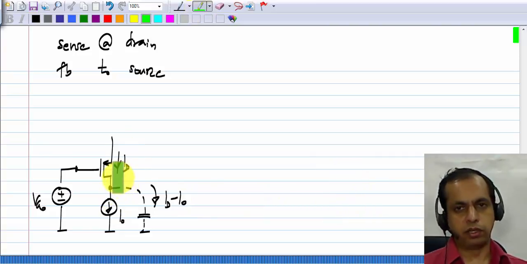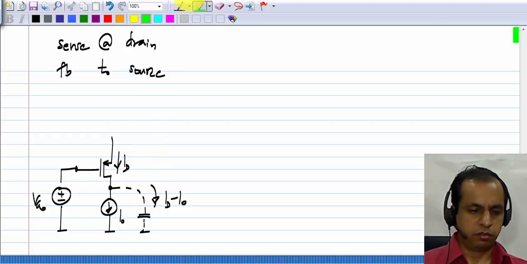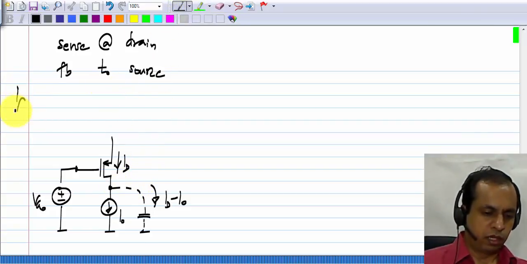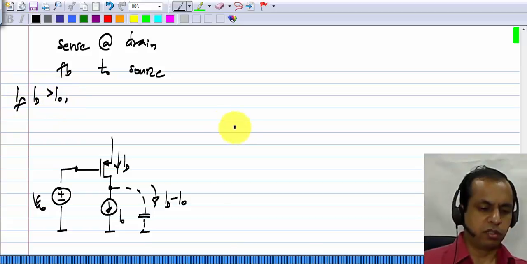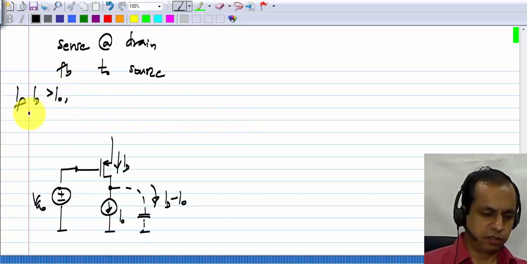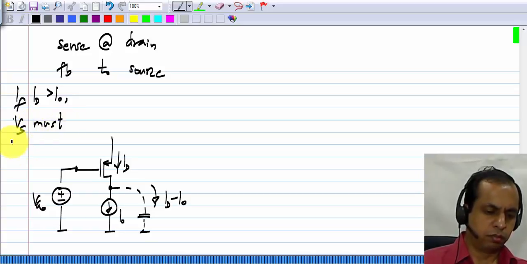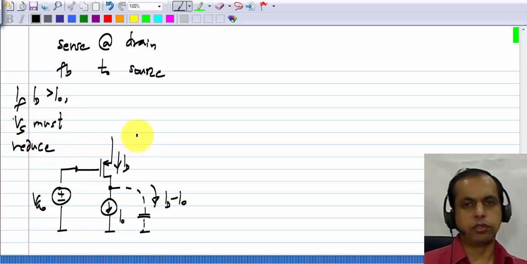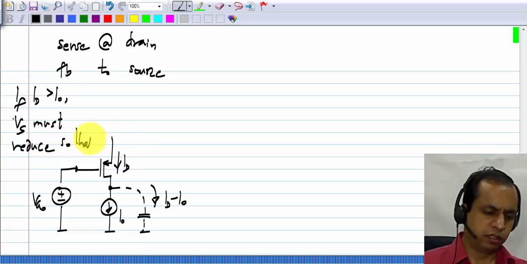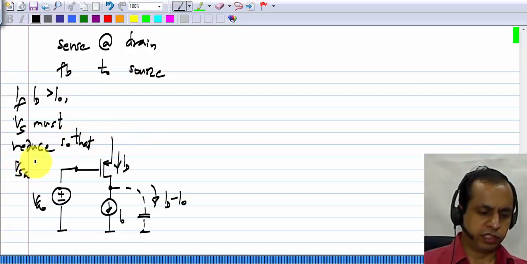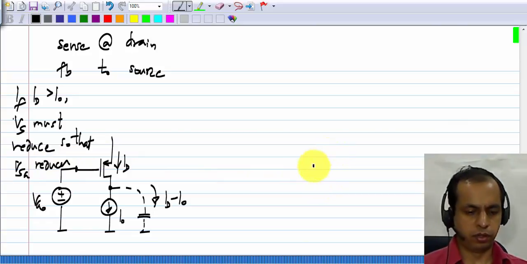If ID is greater than I0, then this voltage goes on increasing. Now, if ID is greater than I0, what must happen is that the source voltage must reduce so that VSG reduces.